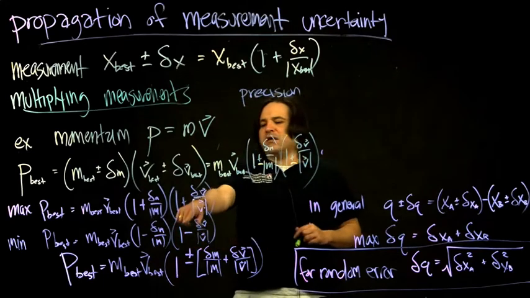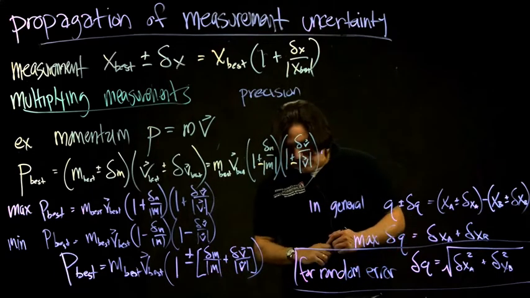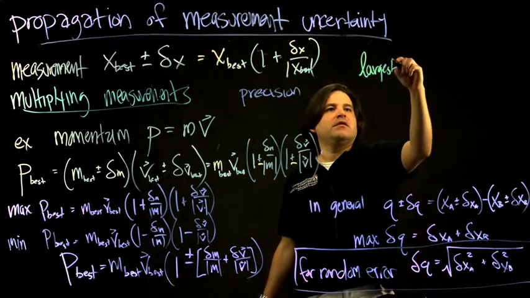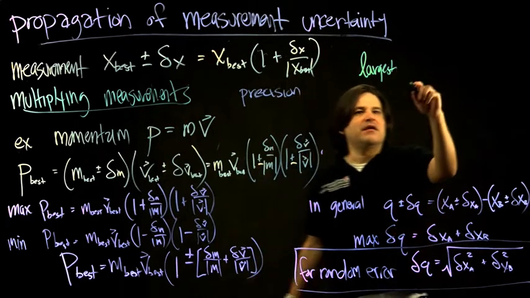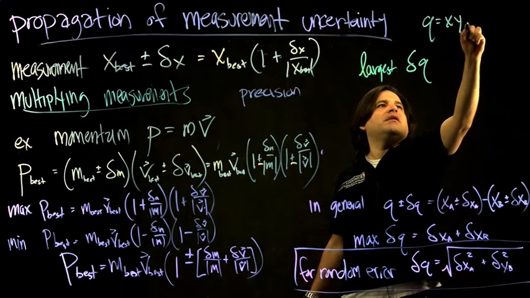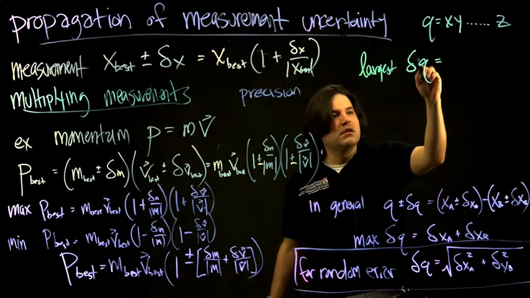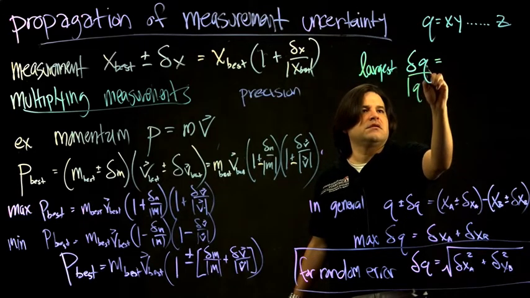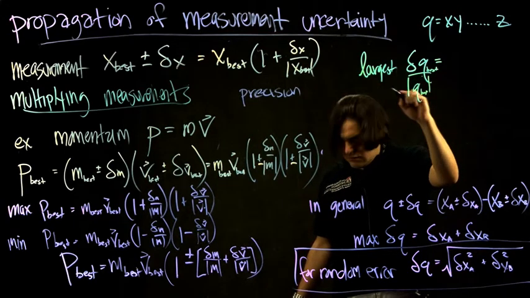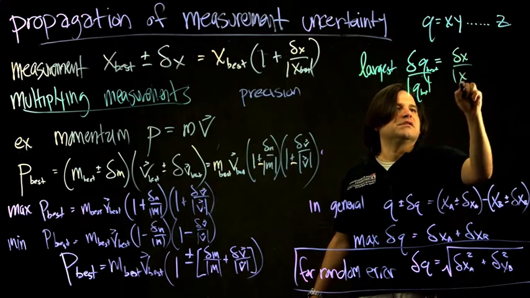Then for multiplying, we worked out an example here, but in general, for the largest error, the max error, when Q equals X times Y times Z, the largest Q that can come from this would be, in terms of fractional uncertainty, the sum of all the fractional uncertainties that you measured.